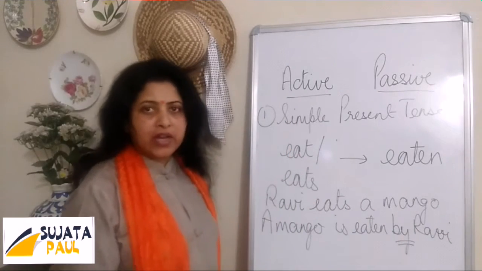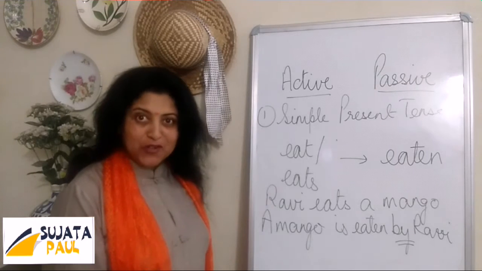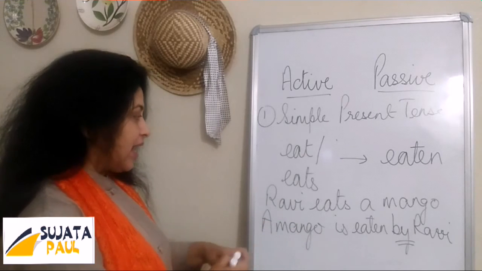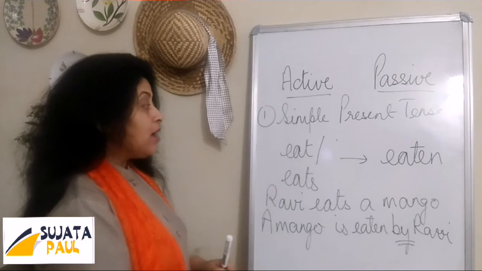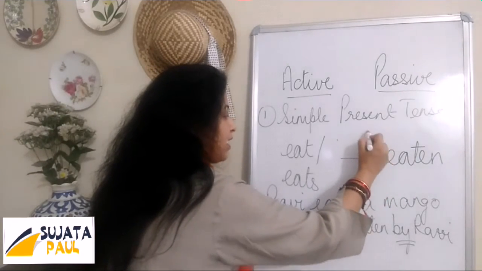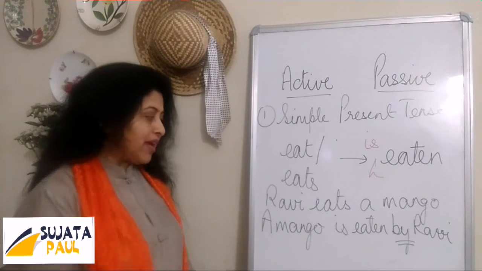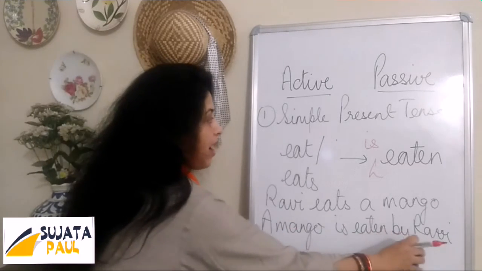This by I'm not really going to consider right now, because in some sentences you might not even use it. Yes. So this means that I have added, the past participle is there, but I have added something else. And what is that? Is eaten. Right? So my sentence has become a mango is eaten by Ravi.